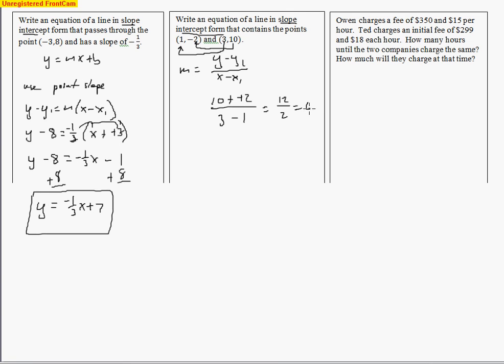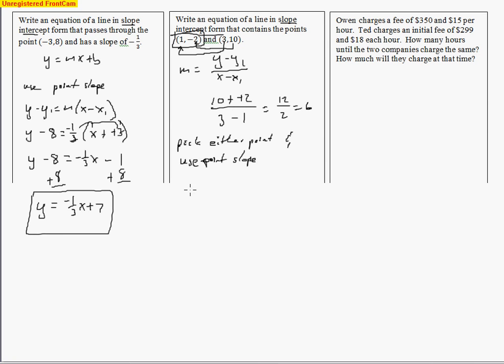So once I have that slope, then I get to pick either point and use point-slope. So we'll go ahead and do that. We use the same formula as we wrote down over here. So I'm going to pick this point right here, 1, negative 2.